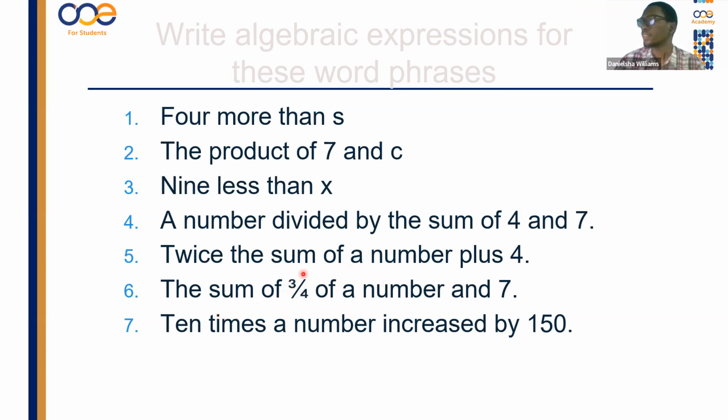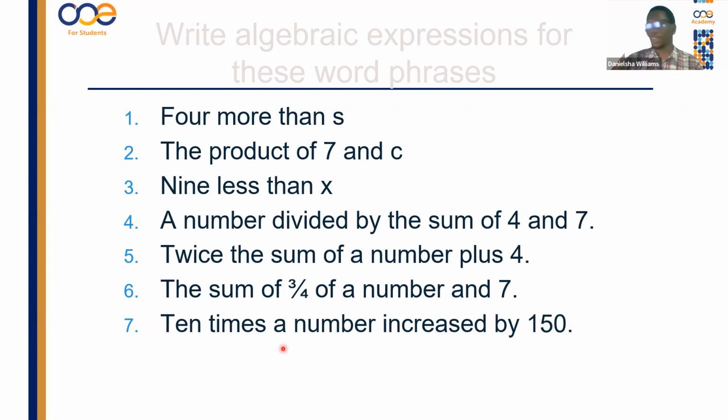So we have the 3 over 4, we multiply by this because it's of this number. And then we'd add these two things together. So it'd be 3 over 4 of x or y or t or whatever variable we want to put here, plus 7. And then we have the final, which is 10x, then adding 150.